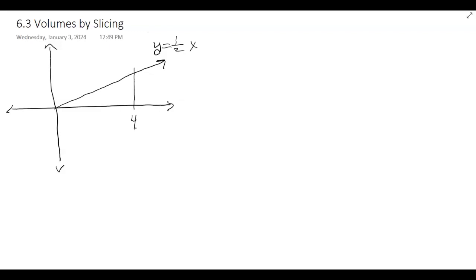Now, I want you to imagine grabbing hold of this line and swinging it around the x-axis, revolving it around the x-axis. And think about what's going to form if you do that.